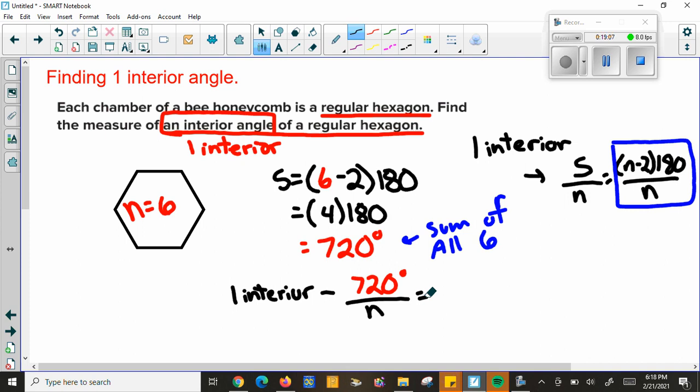So that is 720 degrees divided by 6, giving me that one interior angle is 120 degrees. So if I want to find one interior angle of a regular hexagon, we need to find the sum and divide it into all its pieces.